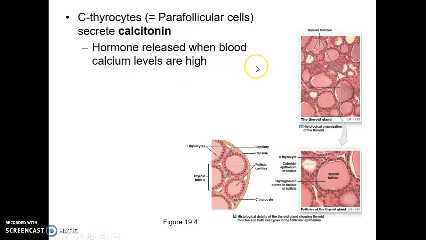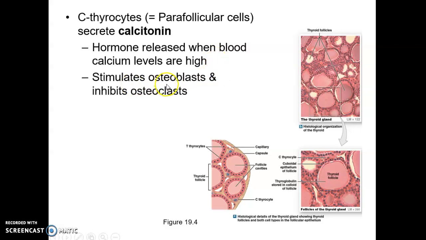This hormone is released into the blood supply when blood calcium levels are too high. So let's just say you had a meal and you drank a bunch of milk, a bunch of yogurt, a bunch of cheese, and the calcium ion levels in your blood go above normal homeostatic levels. The parafollicular cells, C thyrocytes, secrete calcitonin into the bloodstream, and that helps remove the excess calcium from the bloodstream.